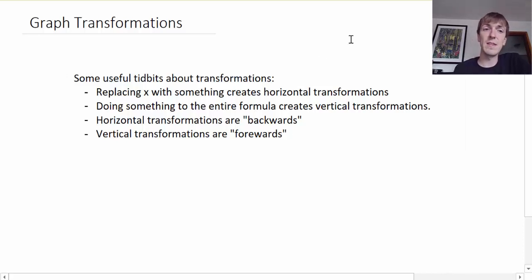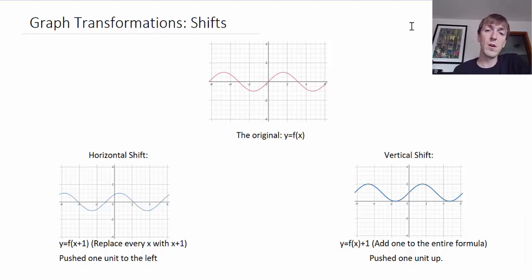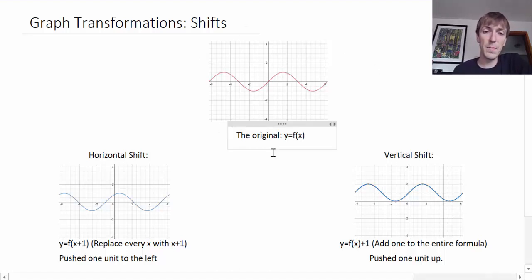Okay, so let's get into the examples. And our two main examples are shifts and stretches and squashes. So we're talking about shifts first. Here up at the top, I have the original function, y equals f of x. That's still the sine function again, but this time I'm just going to call it f of x.